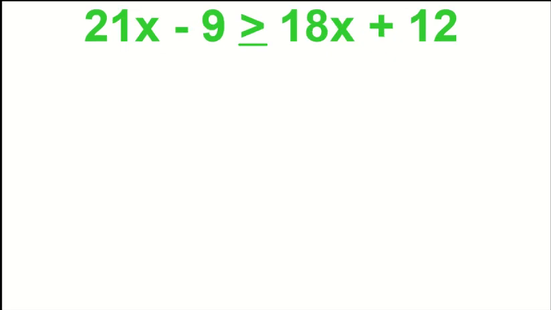All right, so now the variables are on both sides. Do I have anything to distribute? No. Do I have any like terms to combine? No. All right, so y'all go ahead, y'all try this one. No distributing, no combining like terms.